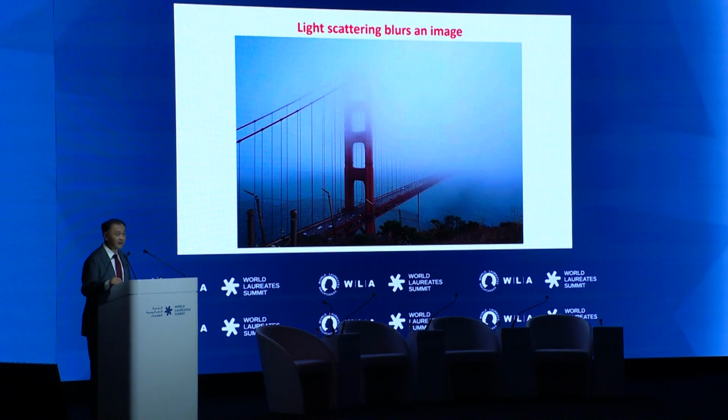And the physics here is very simple. Light scattering scales with lambda to the minus alpha power. So if you go to long wavelength, you can get scattering to be reduced. This is exactly the physics of light scattering by fog. You cannot visualize because light is scattered.